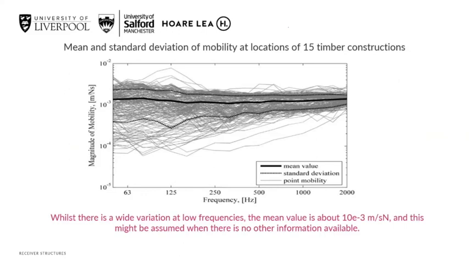But if you were to do an averaged value, you would see that the average generally lies at about 1 × 10⁻³ meter per second Newton. And you can assume this when there's no other information available, because this is based on extensive test data that has been measured all over in various timber constructions.